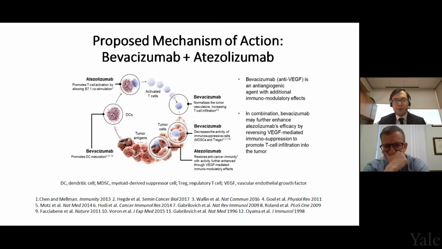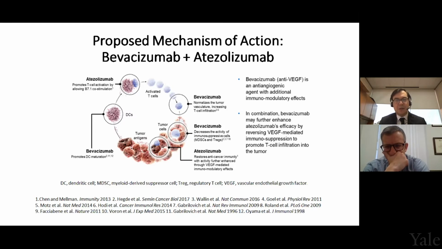Bevacizumab will also reduce the activity of some of these immunosuppressive cells, already mentioned, MDSCs and Tregs, thereby restoring the possibility of the T cells to kill some of these tumor cells.